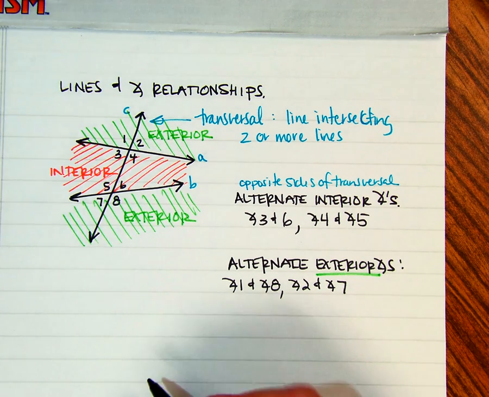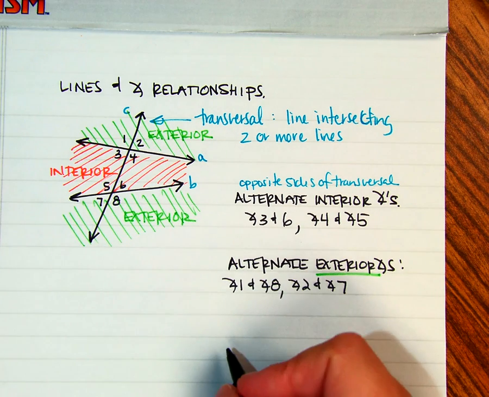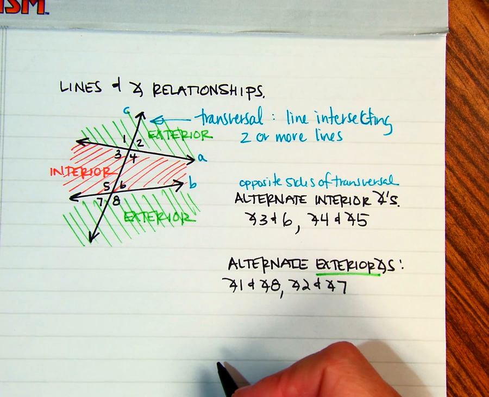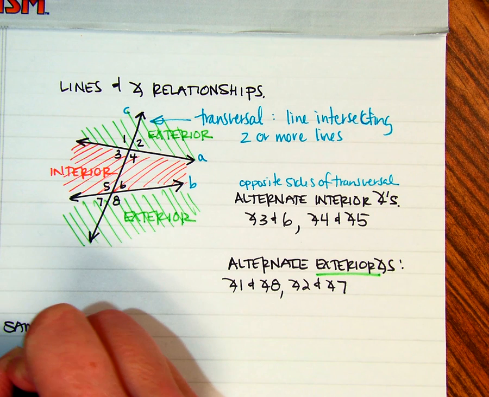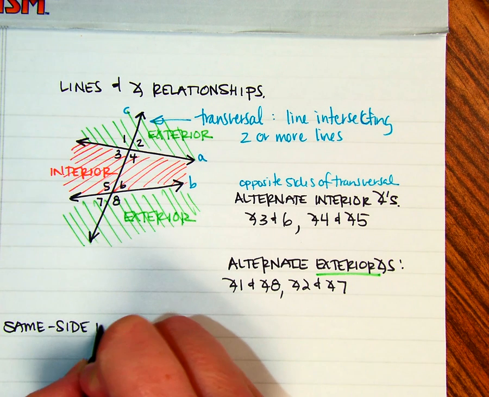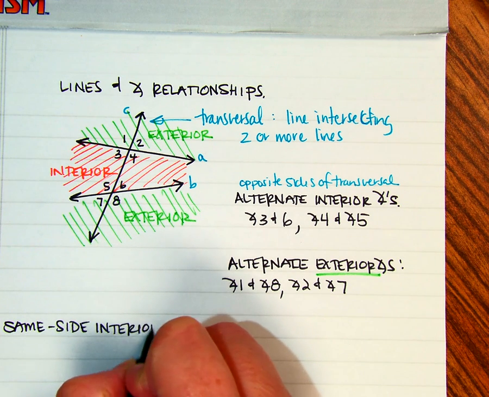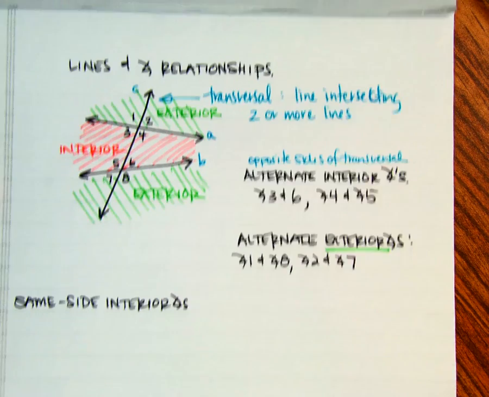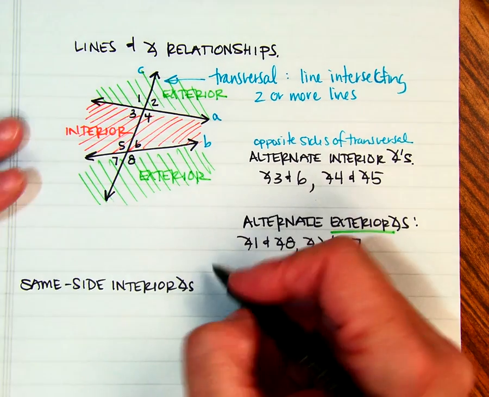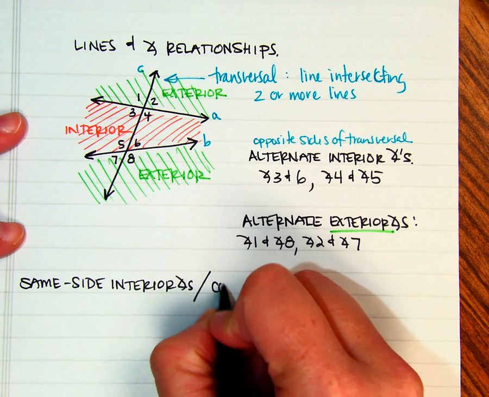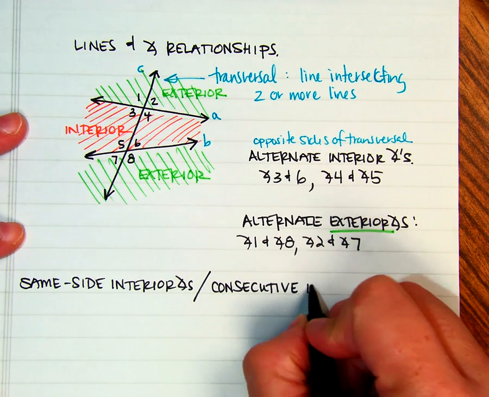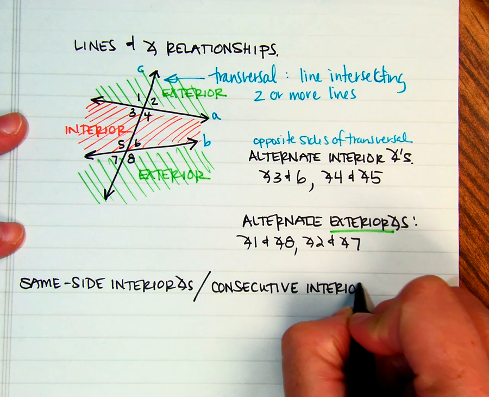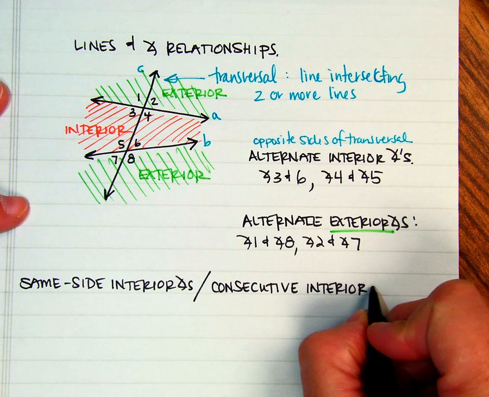We have another one that we are going to call, let's see, I'm trying to think which ones I want to do first. Let's do same side interior angles. I think that is what your textbook calls them. I have always learned them as consecutive interior. So just know that either way is acceptable. So usually I will call them consecutive interior angles.